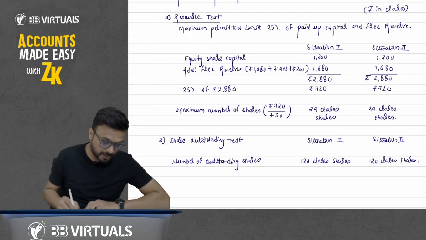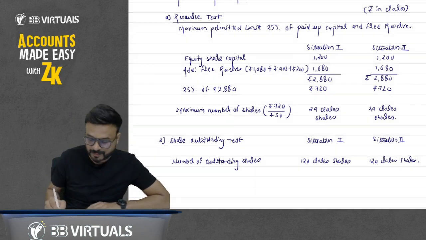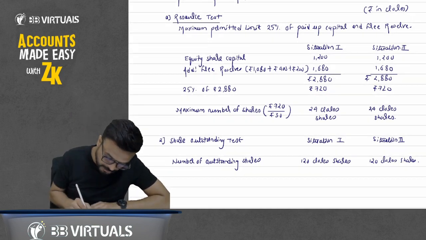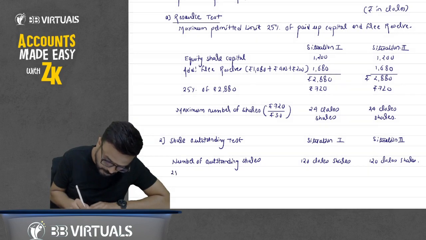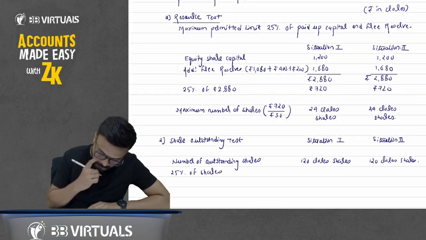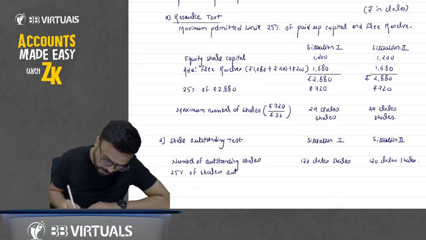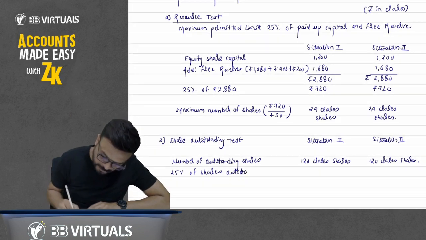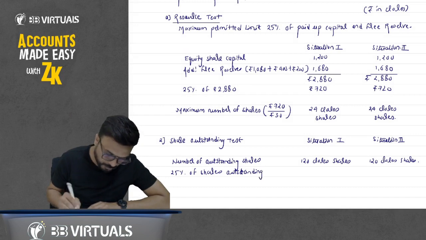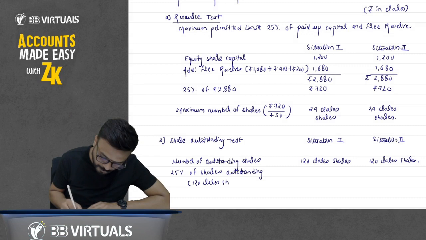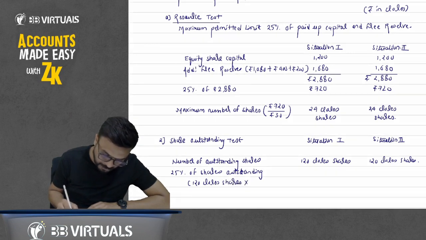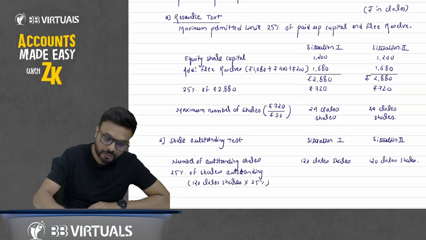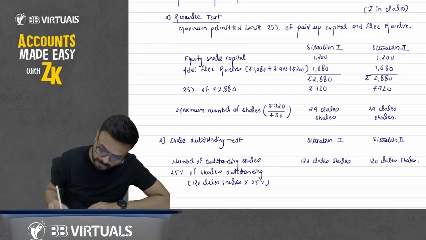Then here maximum allowed is 25% of shares outstanding. So here 120 crore shares multiplied by 25%. 120 multiplied by 25 comes to 30 crore shares.